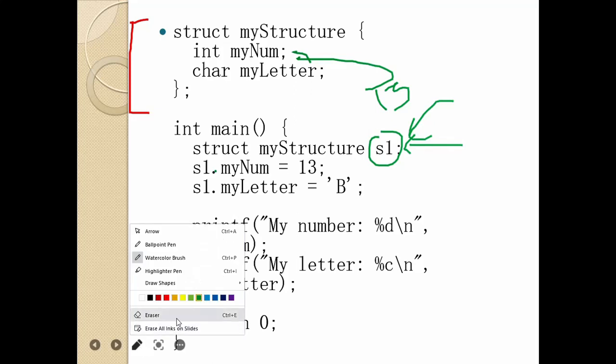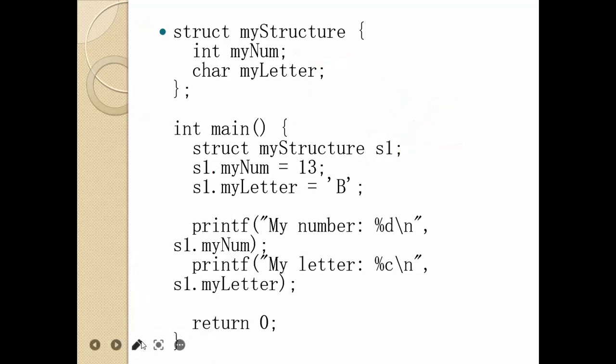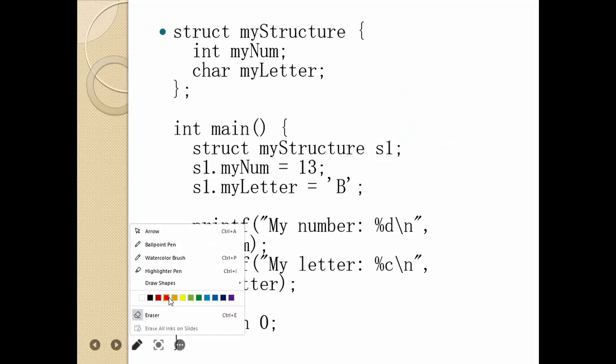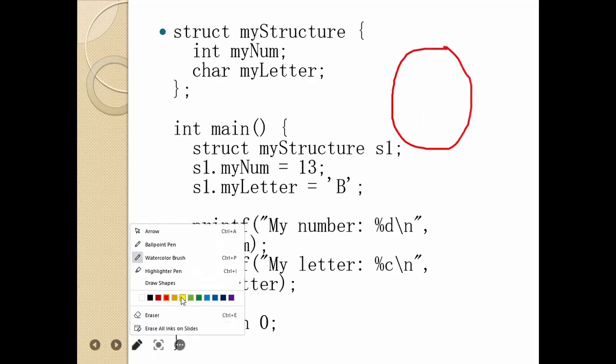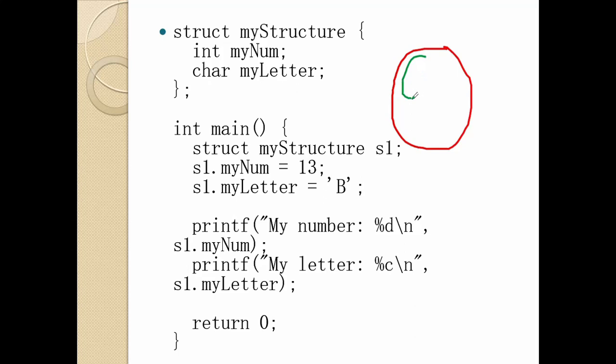We can learn it in a way that this is basically s1, the circle is s1, and inside it we have two small blocks. Now this block is mynum, and this block is my letter, and this whole circle is s1.